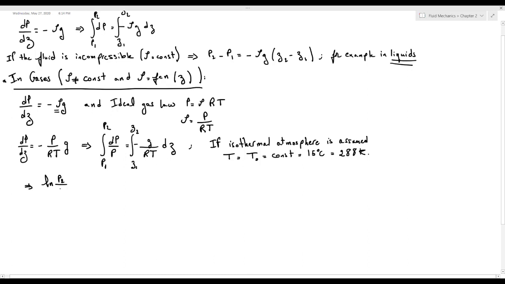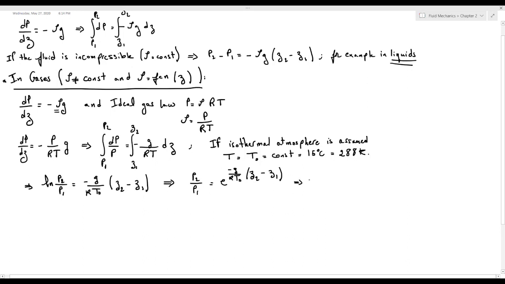So we can write ln P2 over P1 is equal to minus g over R T0 into Z2 minus Z1. Taking the exponential of both sides, we obtain P2 over P1 equal to exponential of minus g over R T0 into Z2 minus Z1.